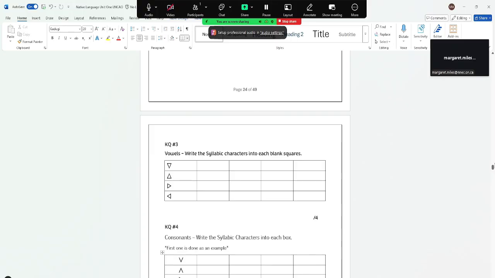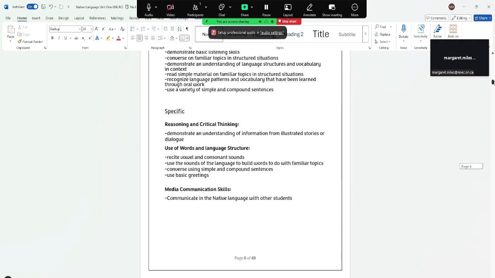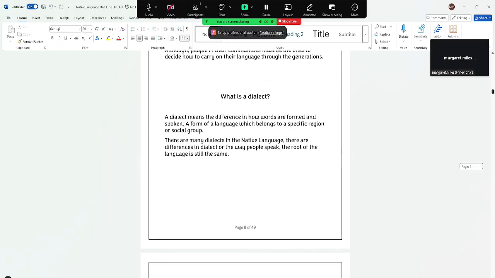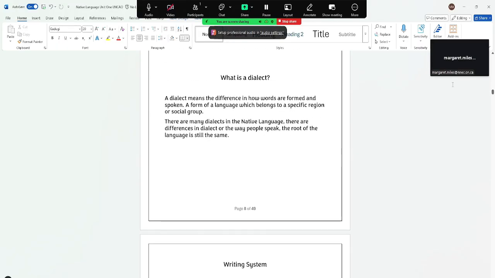So if you go back, with dialect, we said that a dialect means the difference in how words are formed and spoken, a form of a language which belongs to a specific region or social group. There are many dialects in the native language. There are differences in the dialect or the way people speak.